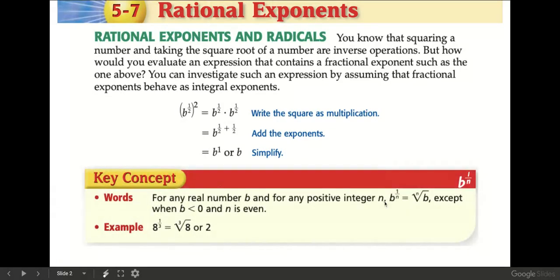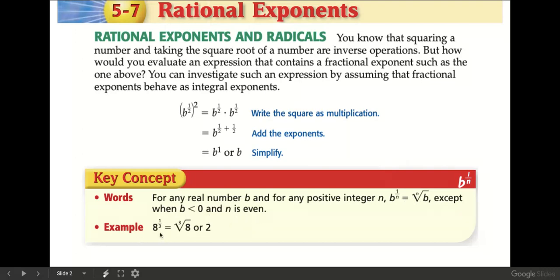So the key concept here is that for any real number b and any positive integer n, b to the power of 1 over n is equal to the nth root of b, except for when b is less than 0, when b is negative, or n is even.